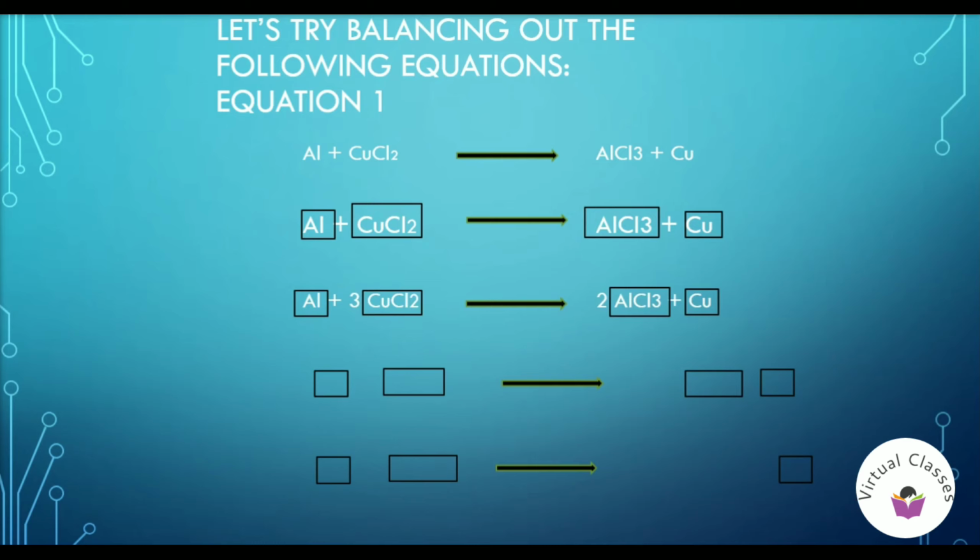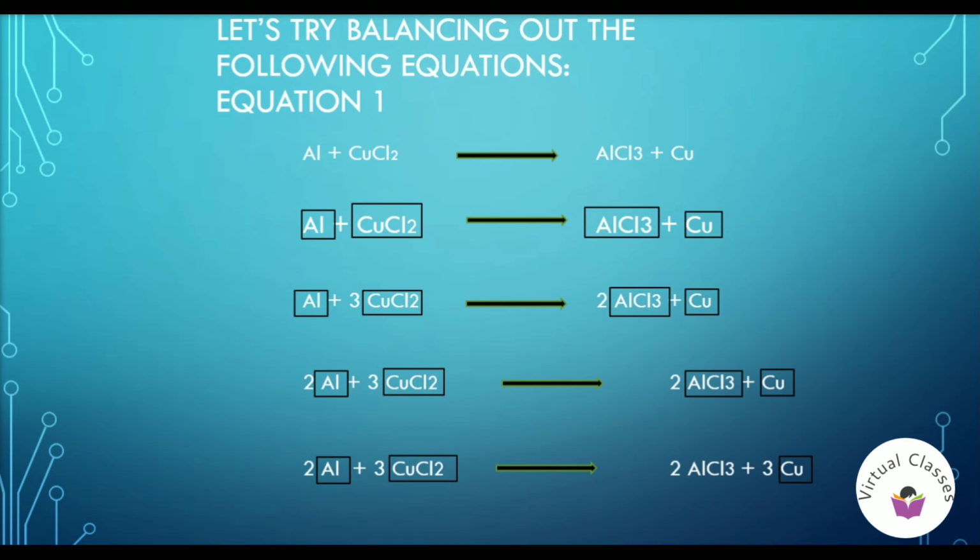Now, to balance aluminium, whose number of atoms on LHS and RHS are 1 and 2 respectively, let's multiply it with 2 on the reactant side. At last, to balance out Cu, we would multiply 3 to RHS.